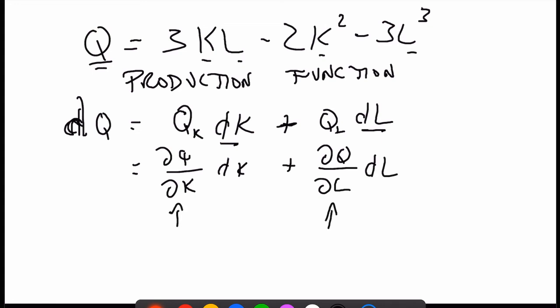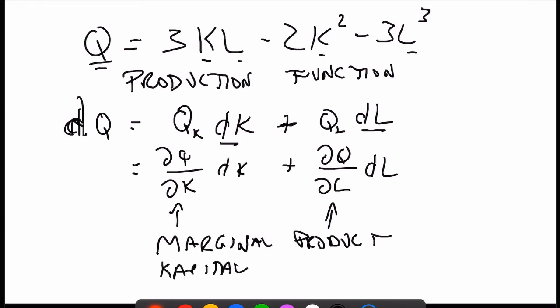What are those names? Those are the marginal product, in this case of capital. I wrote that with a K, but you can write it with a C if you feel like, and over here of labor. So I have the marginal product of capital and the marginal product of labor affecting the output. Is that exciting?